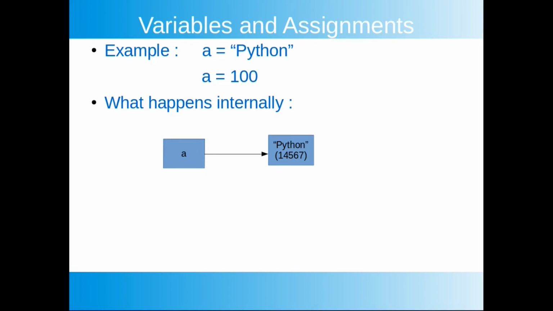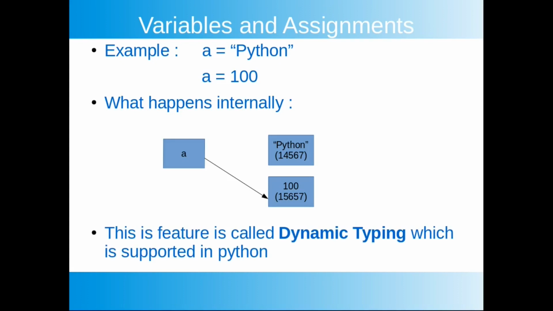Now the link between the variable and the location is destroyed, and the variable points to the new location, that is 15657, and this is the place where 100 is stored. And this is what dynamic typing is.